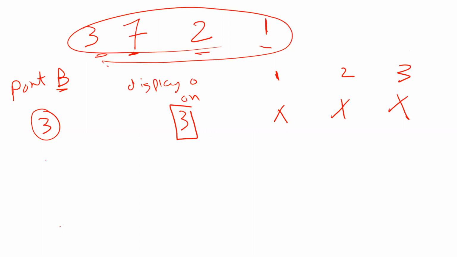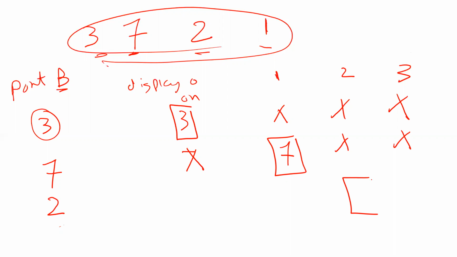Then I'm going to put number 7 here, but I'm going to turn this one off, and this one is on. So now you can see 7. Right? And then I'm going to put number 2, but this is the one that should be on. So here is a 2. And then I'm going to put number 1, but this is the one that should be on.